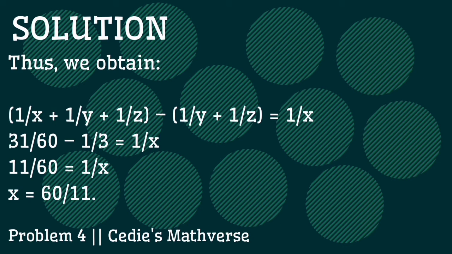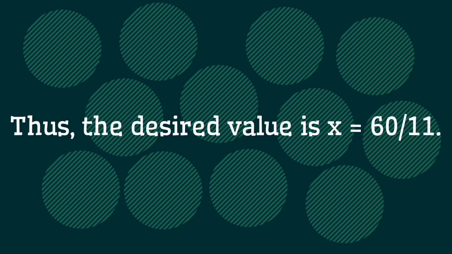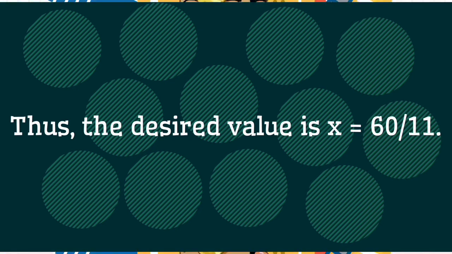Simplifying, we get 1 over x equals 11 over 60, which in turn gives us x equals 60 over 11 by obtaining the multiplicative inverse of 1 over x. Thus, the desired value is x equals 60 over 11, mga ka-Mathverse.